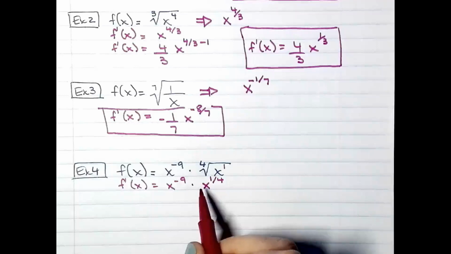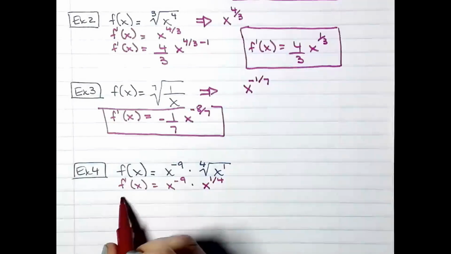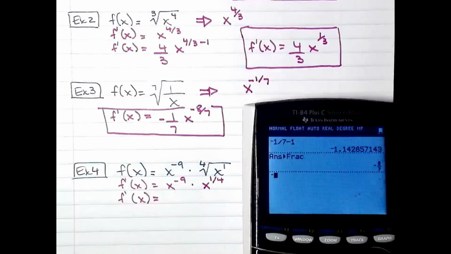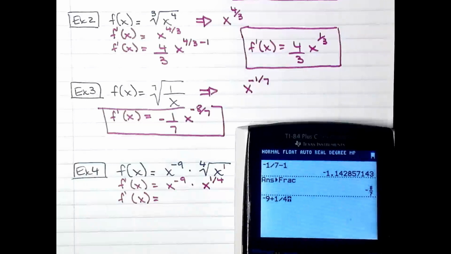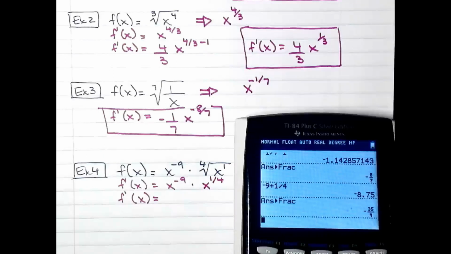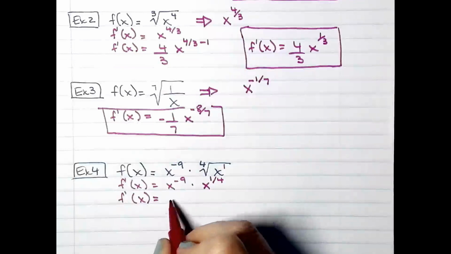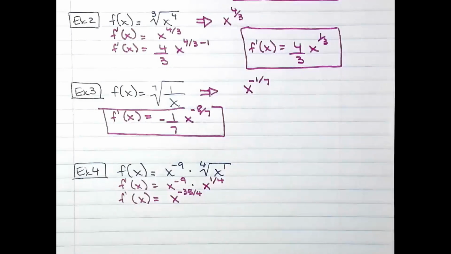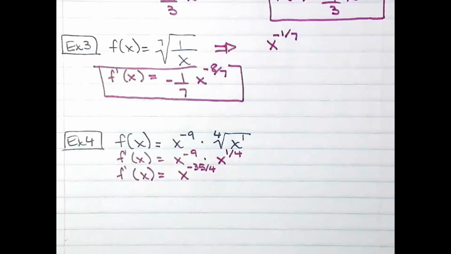I'm going to apply the laws of exponents. When you multiply, you keep the base, you add the exponents. So negative 9 plus 1/4. You get that? We're just going to keep everything as a fraction. So that's my new exponent. And then I'm going to zoom in. There we go.